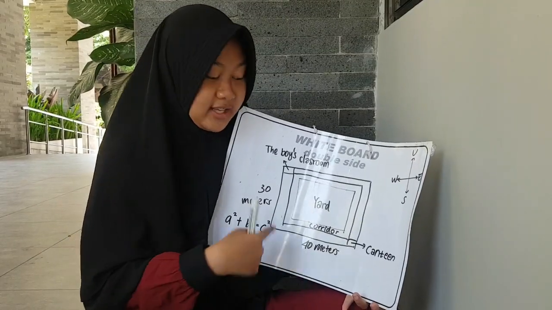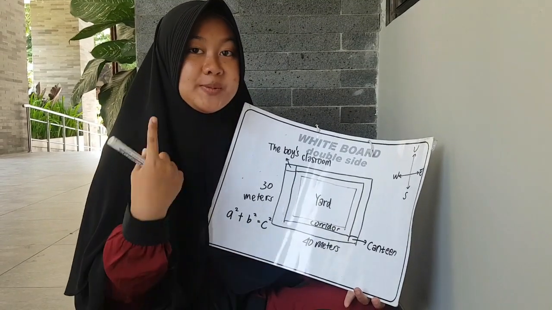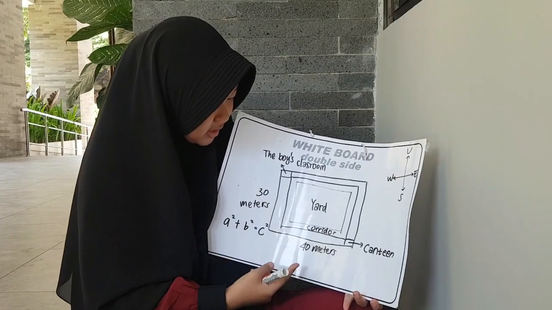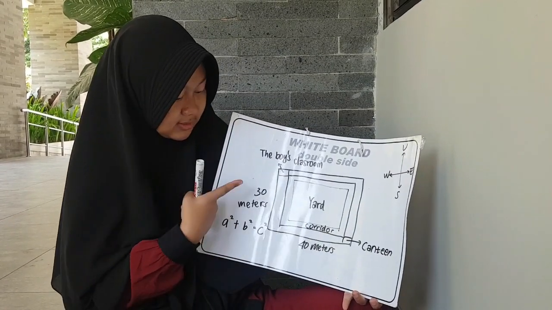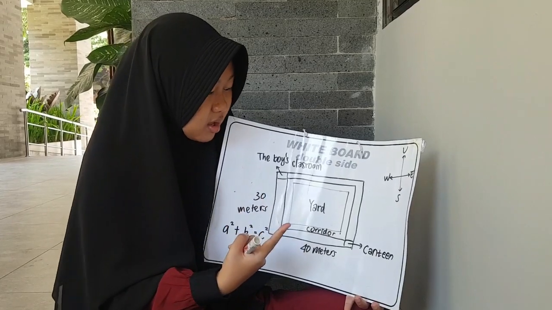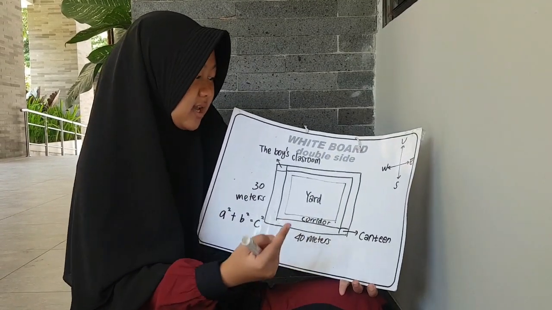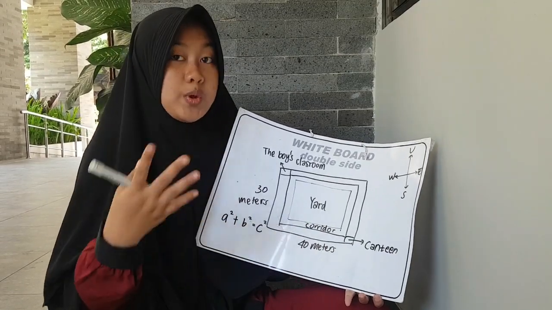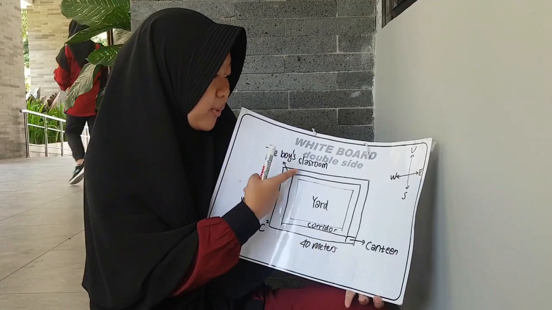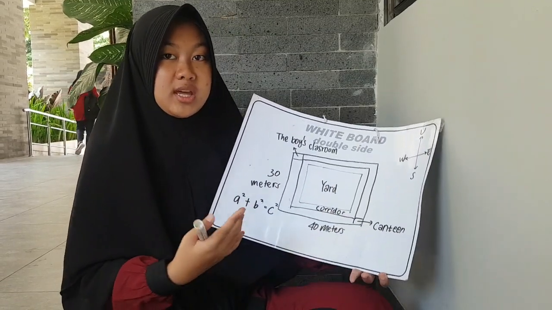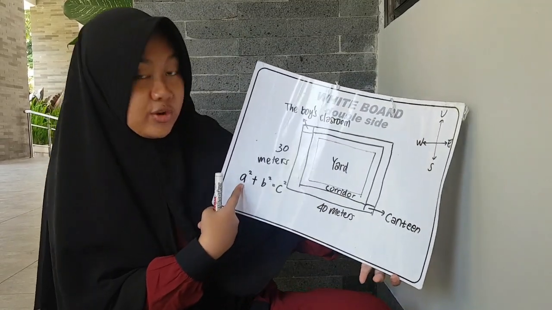Okay, this is the illustration and I will explain it. The west side of the corridor is 30 meters and the south side of the corridor is 40 meters, and for the shorter way the boy can take to the canteen, we can use the Pythagorean theorem.